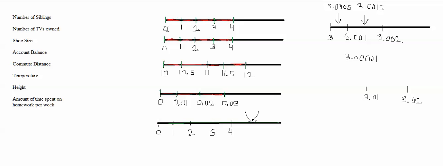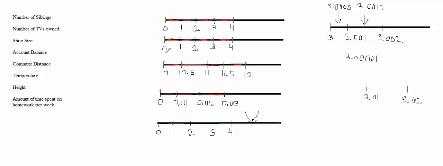You could think of a discrete variable as having possible values that are like stepping stones. For example, when a person starts buying more TVs, the person's number of TVs goes up one at a time. This is what I mean. If a person hasn't bought any TVs, the person is right here. The person has 0 TVs.